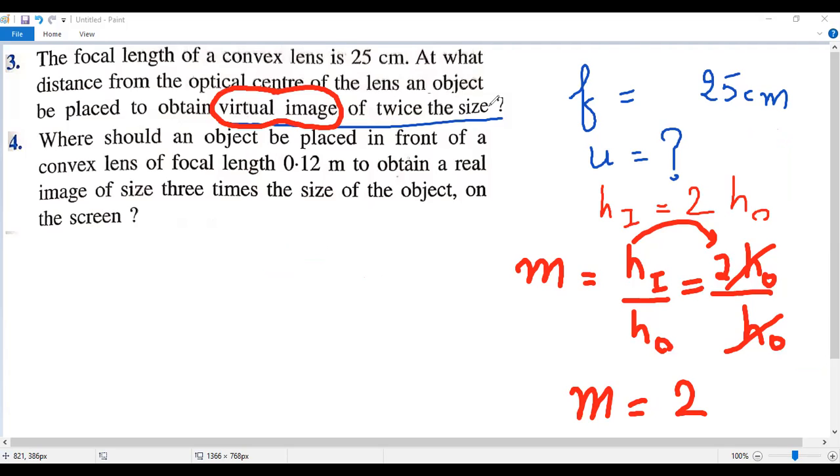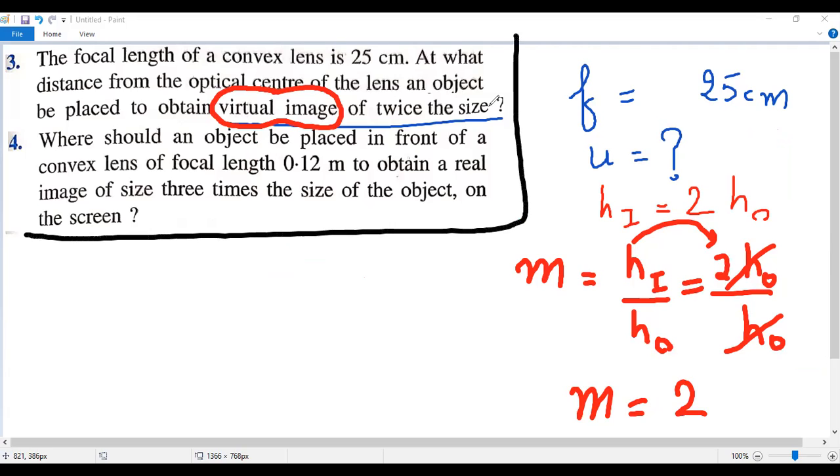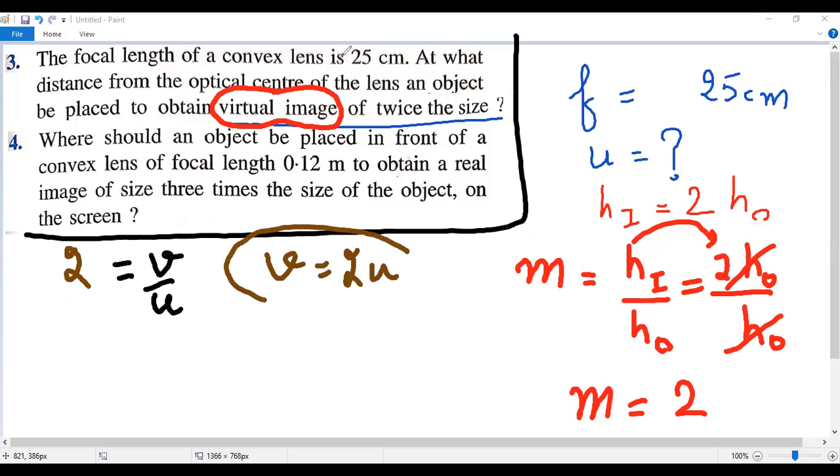Moreover, students, we are having one more relation. Magnification is equal to v by u also. So put the value of m as 2. So if I put the value of m as 2, what do I have? We'll be having v is equal to twice of u. Now, let us substitute these values in your lens formula, that is 1 by v minus 1 by u is equal to 1 by f.